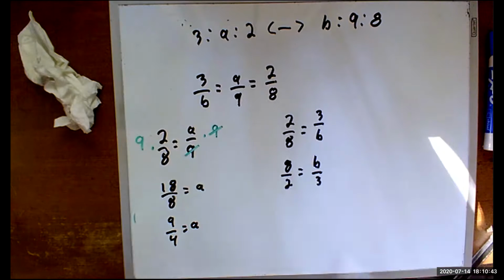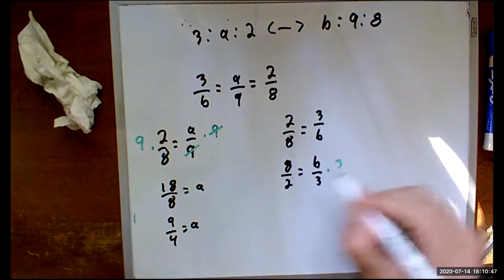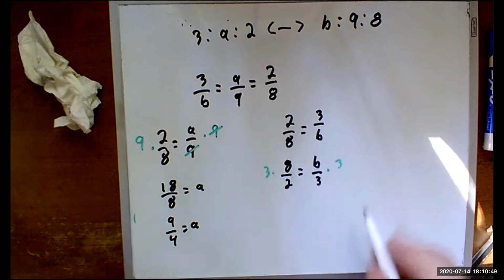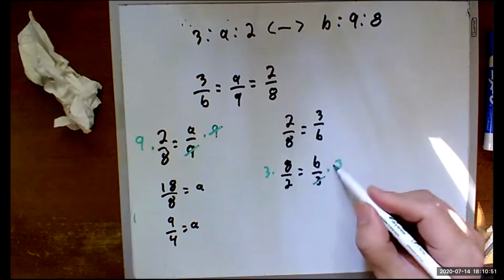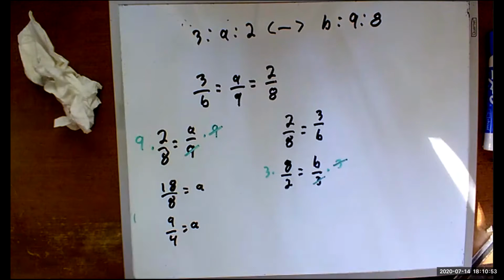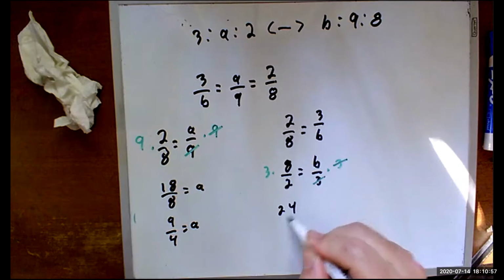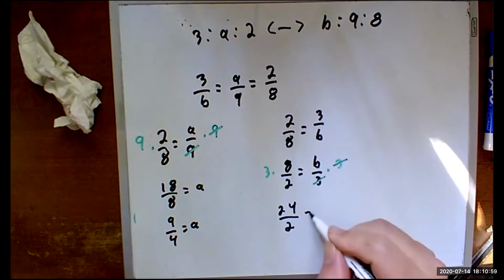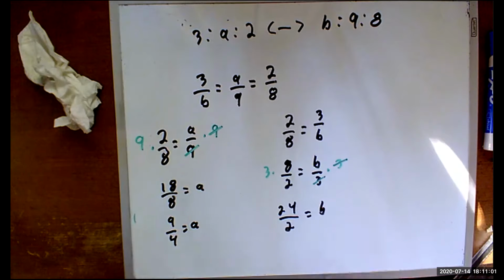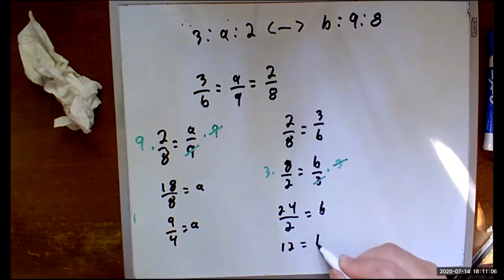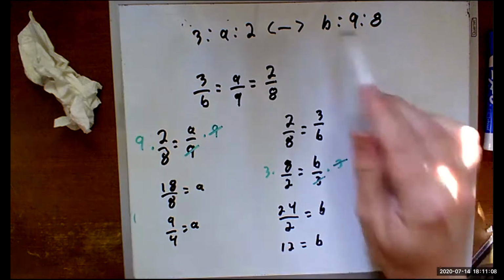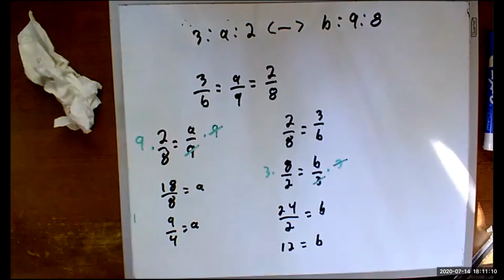I want B on its own. It's dividing by 3 right now, so I will multiply it by 3. Whatever I do to one side, I do to the other. Those cancel. 3 times 8 is equal to 24, and it's over 2. And of course, 2 goes into 24 evenly, and it reduces to 12. So now B is equal to 12.